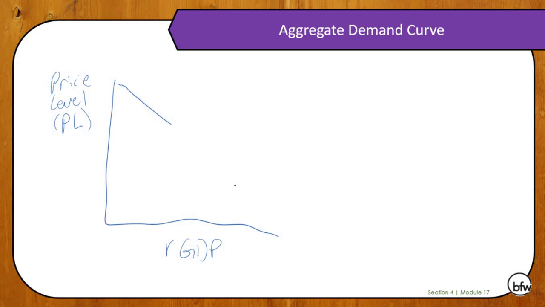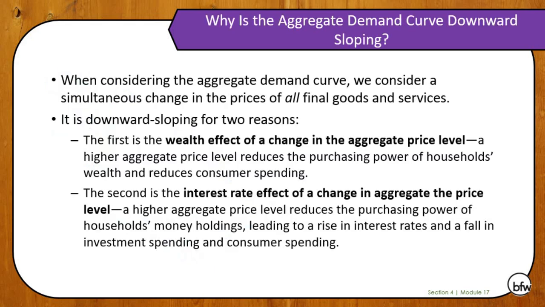Your aggregate demand curve is going to be downward sloping, very similarly to how the demand curve on a supply and demand graph was downward sloping. Basically what this is saying is that as price level drops, aggregate demand increases. See how that works? Now, why is it downward sloping?